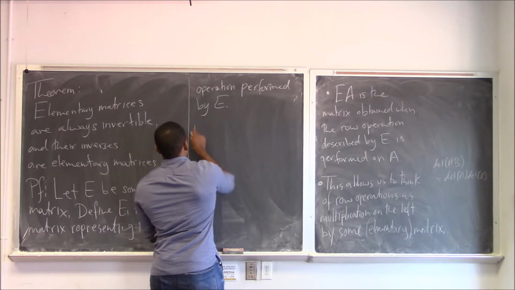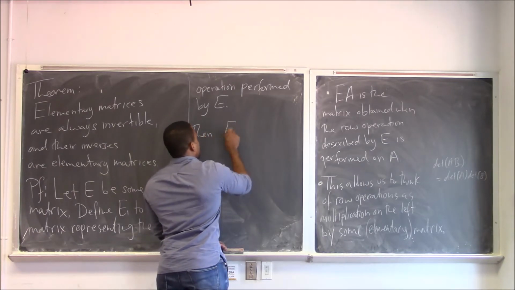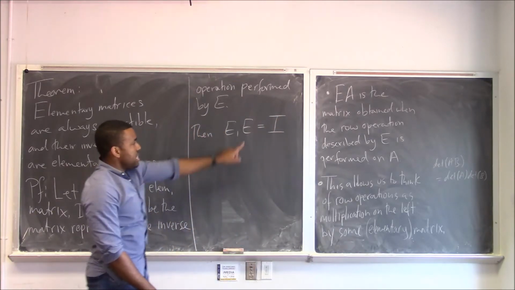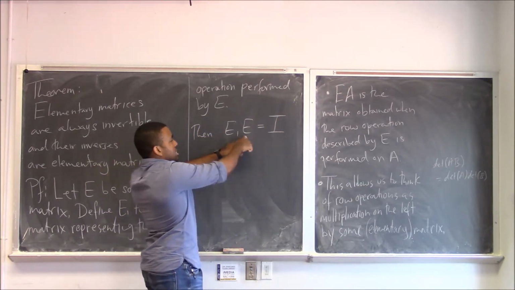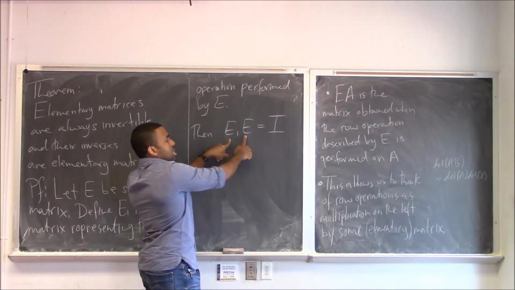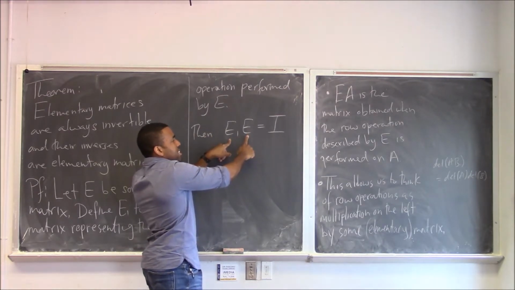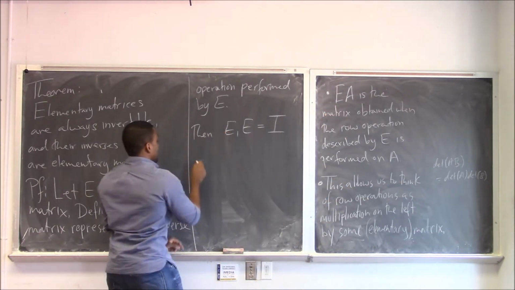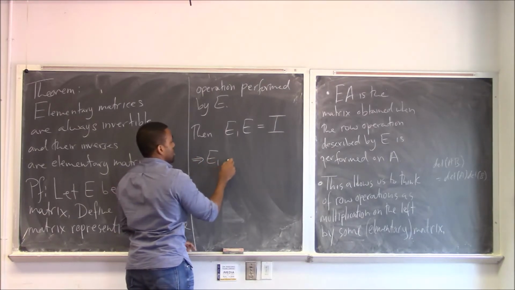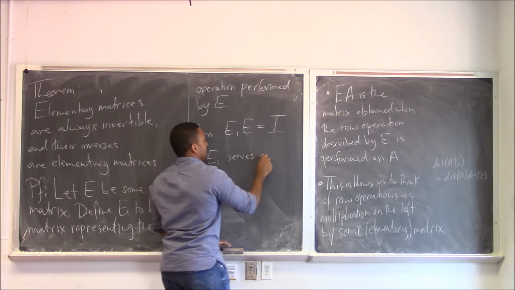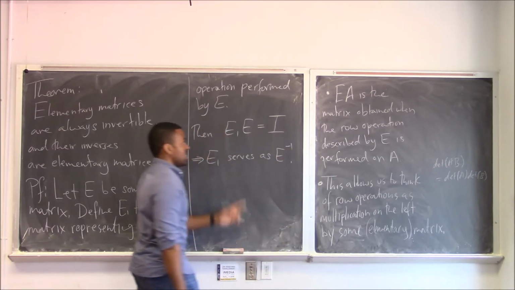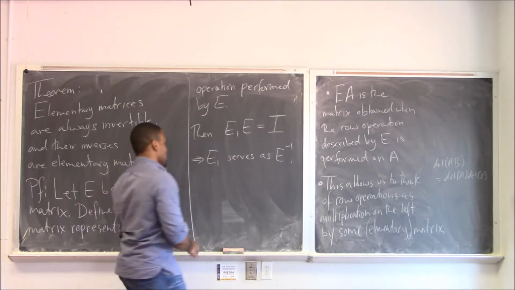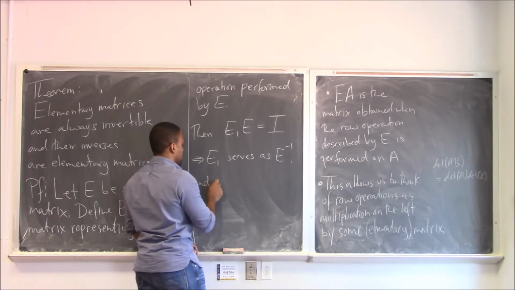Then E1 times E gives us the identity. I obtained E by doing something to the identity, but I can multiply on the left by E1 to undo whatever that did. That gives me the identity. So E1 serves as E inverse, because the definition of inverse says it's the matrix that when I multiply by E, I get the identity.